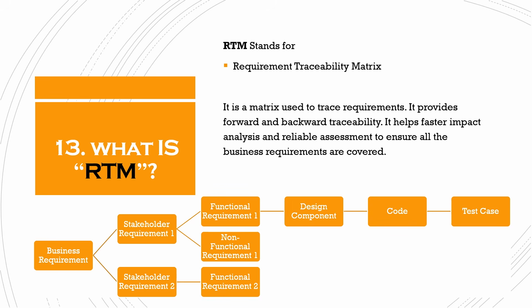So if you look at this diagram as a matrix, we can ensure that a business requirement and stakeholder requirement is designed, developed, and tested. So this provides an end-to-end view and ensures that everything is covered.